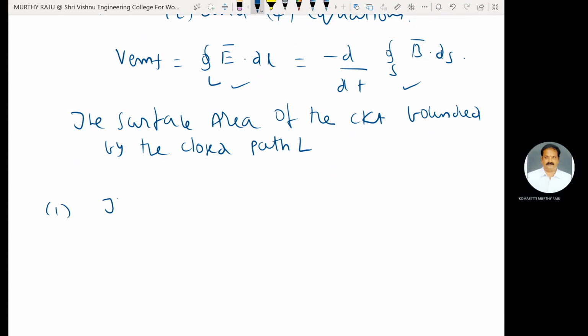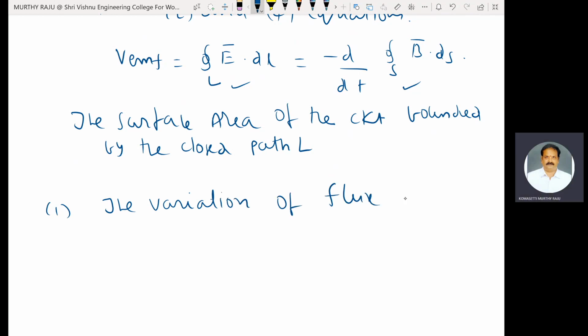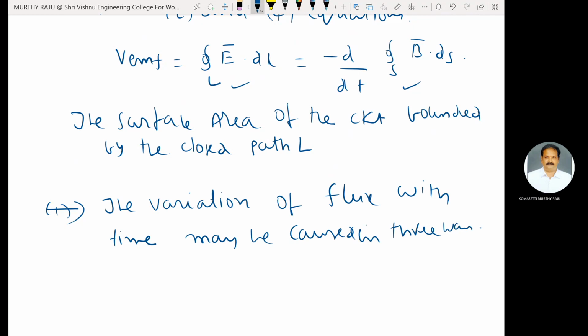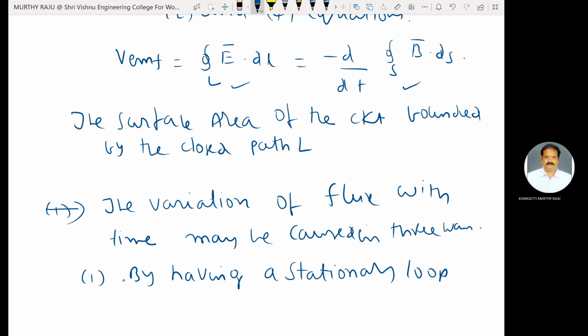The first one is by having a stationary loop in a time varying magnetic field.